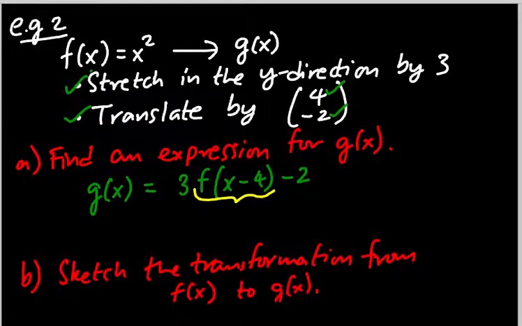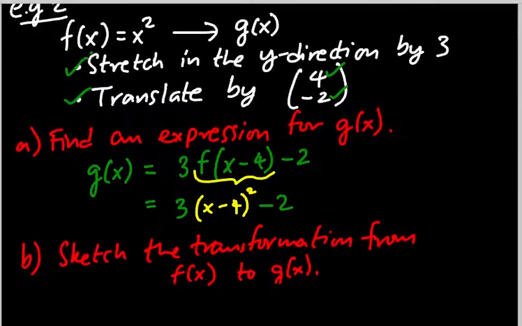So let's do it. This is equal to 3, and actually, maybe I'll write this in yellow, x minus 4 squared. I simply replaced this x with x minus 4 squared. And then I'm done with this part, and then I just have minus 2. And this is my new quadratic expression for g of x.